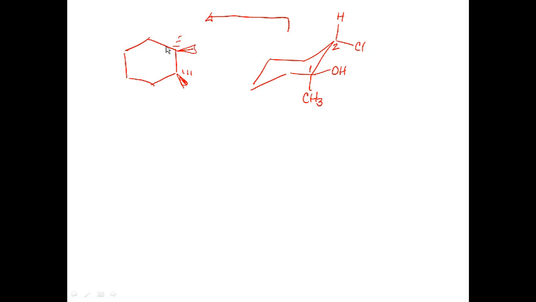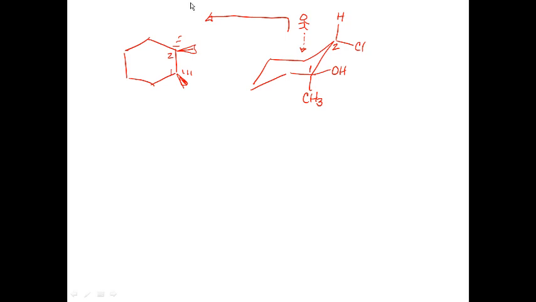When I am looking at the left structure here, it's like I'm looking down on the ring and I'm seeing groups pointed towards me and groups pointed away from me, or groups above the plane of the ring and groups below the plane of the ring.